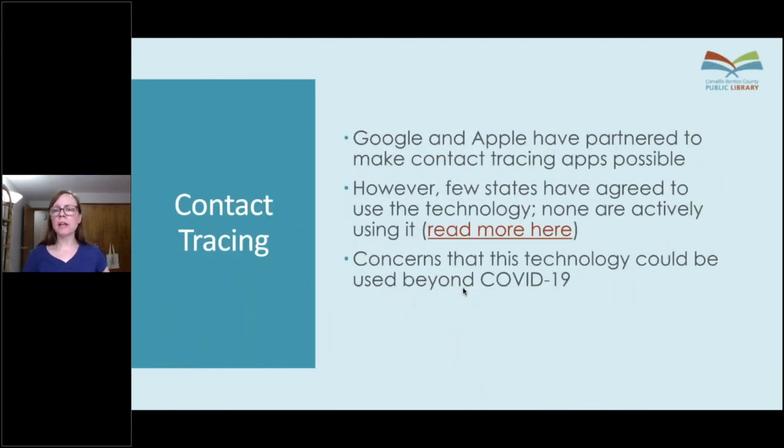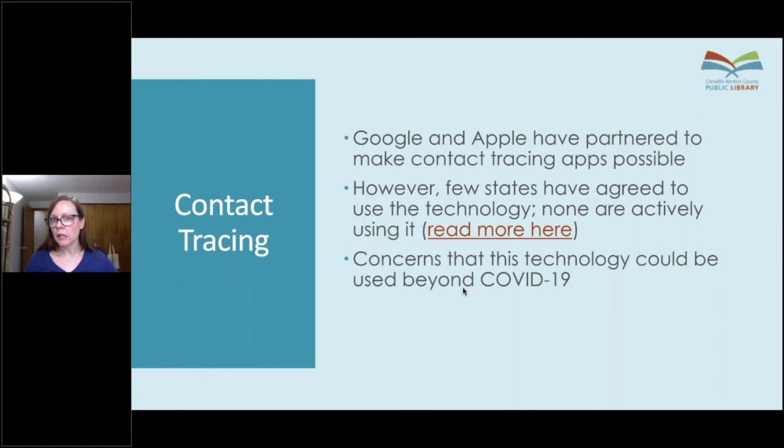And then some people have had a lot of concerns about contact tracing and how much that violates your privacy. And there are some concerns about that. However, very few states have actually started using the technology Google and Apple have provided that makes contact tracing apps possible.